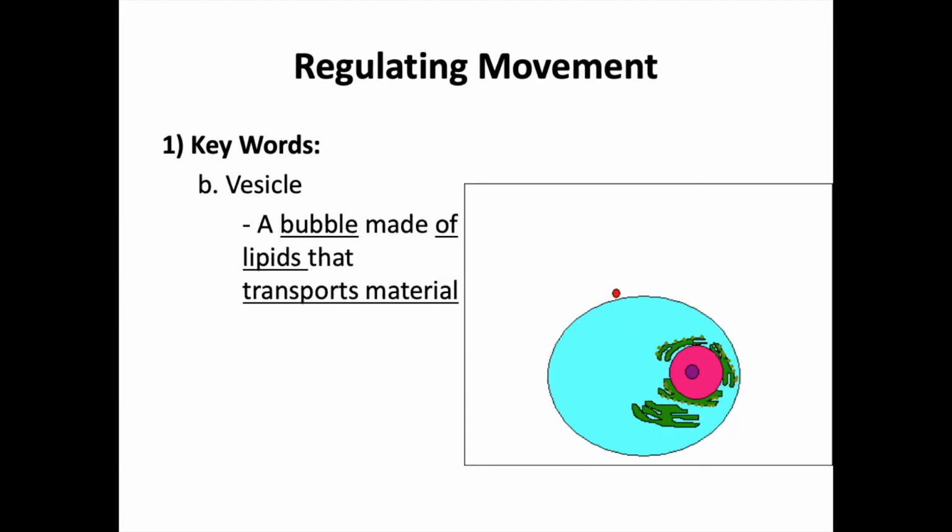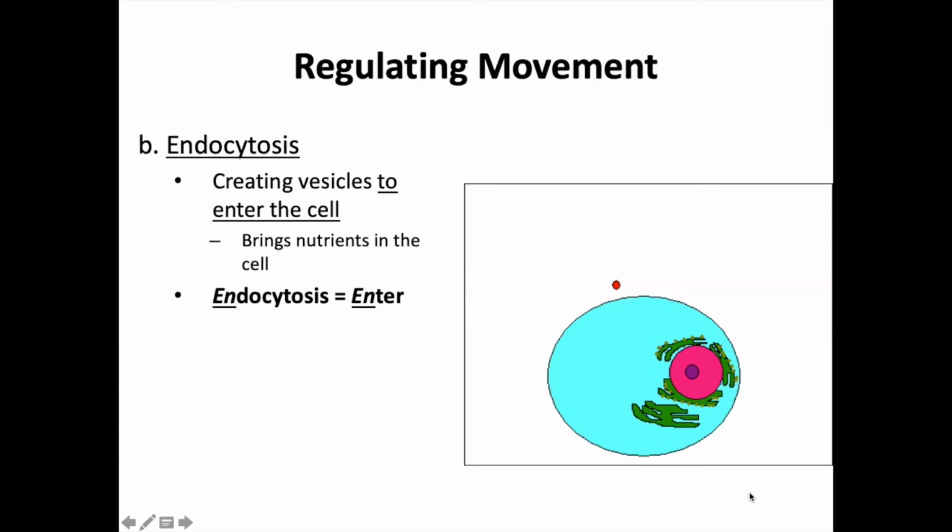Right? I just showed you two different things, endocytosis and exocytosis. Endocytosis is when we create the vesicles to enter the cell, to bring nutrients in. If there's something that our cells need, we can force it in with these bubbles. So let's break that word down.